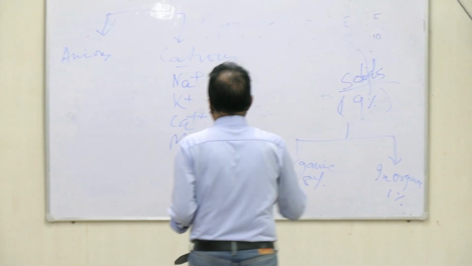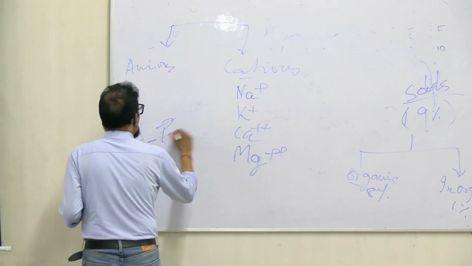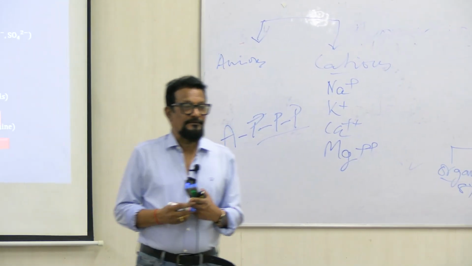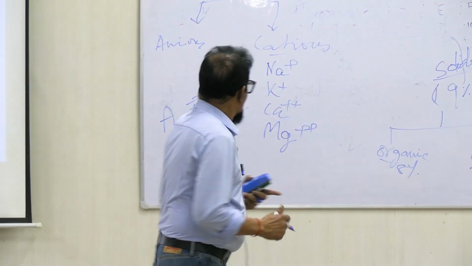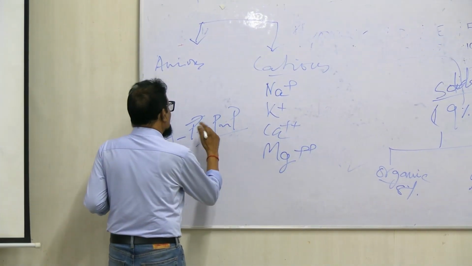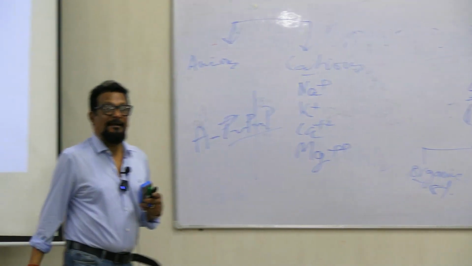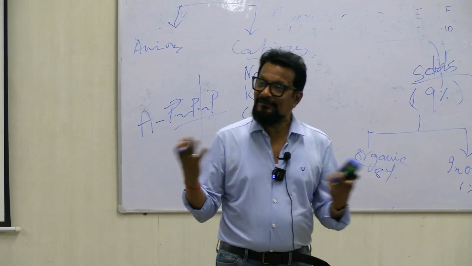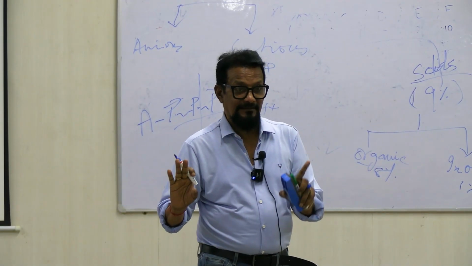Every ATP has 3 phosphates in it. That's why it is adenosine triphosphate. These are high energy phosphate bonds. When this is broken, what is formed? ADP plus one inorganic phosphate plus some energy. With this energy, I will act; this energy will be utilized for the function.